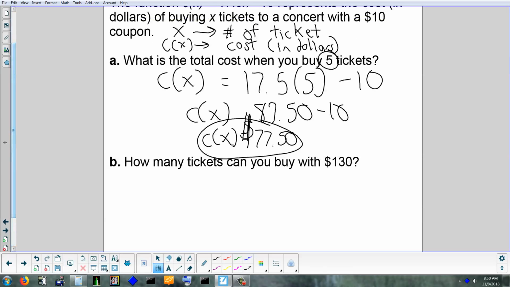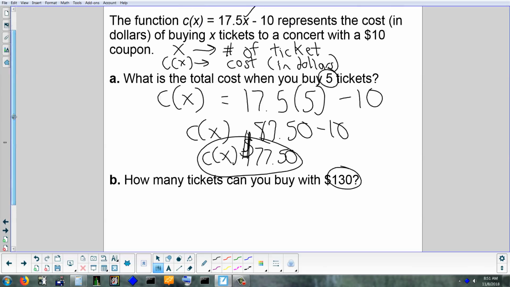Again, the 5 took the place of tickets because we knew X represented tickets. Go ahead, Matt. The 17.5. No. What is the 130? Because again, now we have $130. What's that taking the place of? C of X. The C of X, right? Because look, we wrote what C of X represents. Cost in dollars. I'm gonna go up.